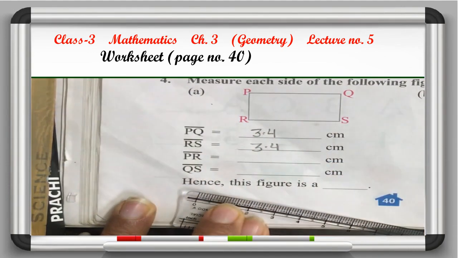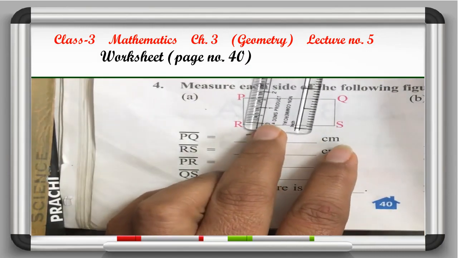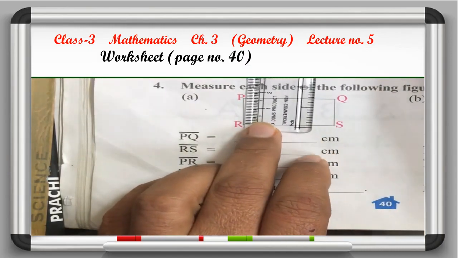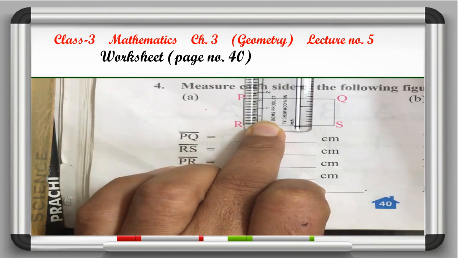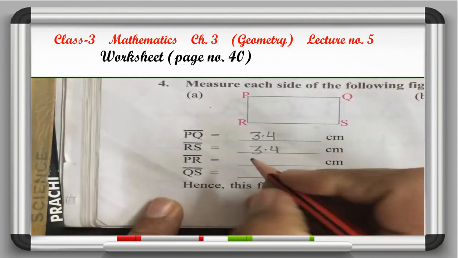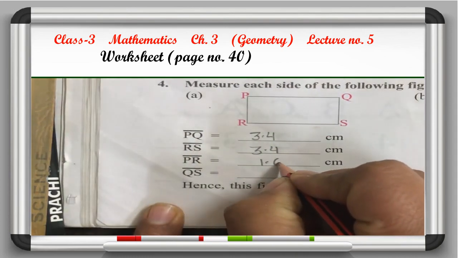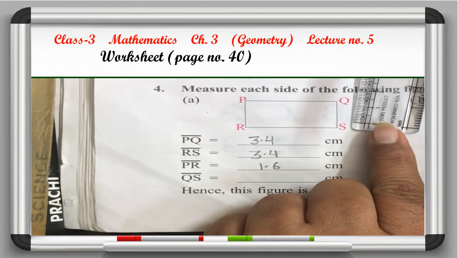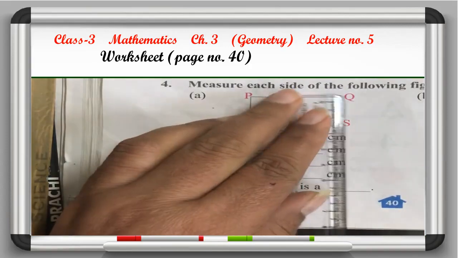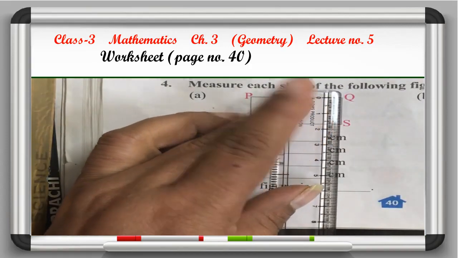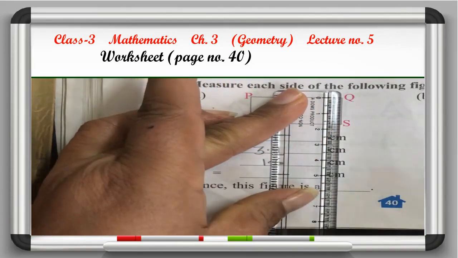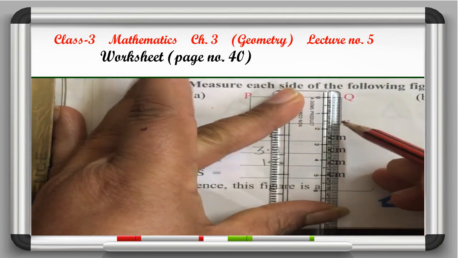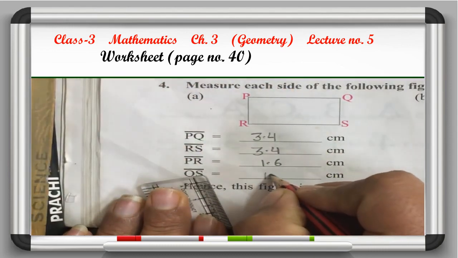So here the length of PR is 1.6 centimeter. So here we will write 1.6 centimeter. And again the length of this QR means this line segment QS, that is equal to 1.6 centimeter.